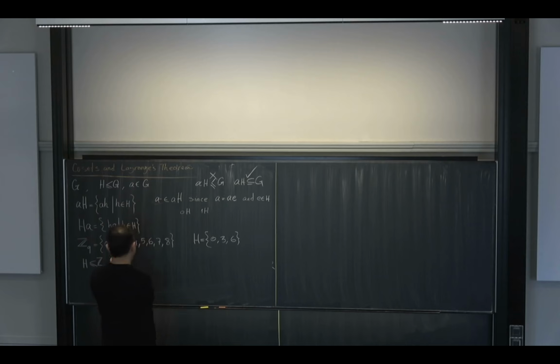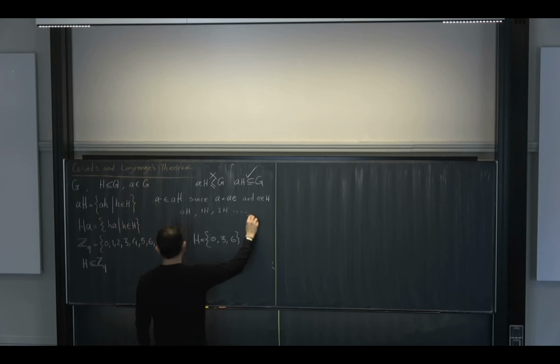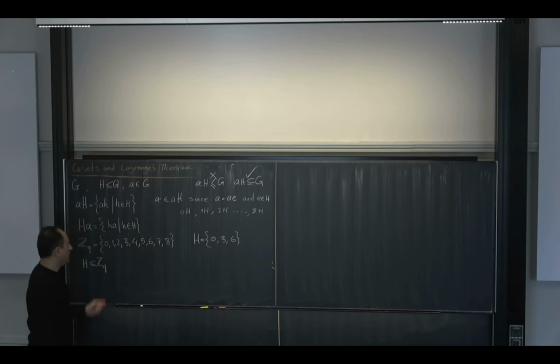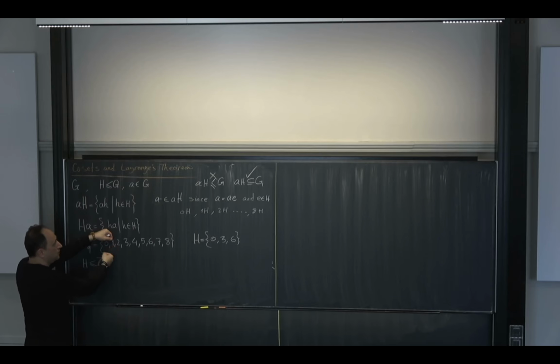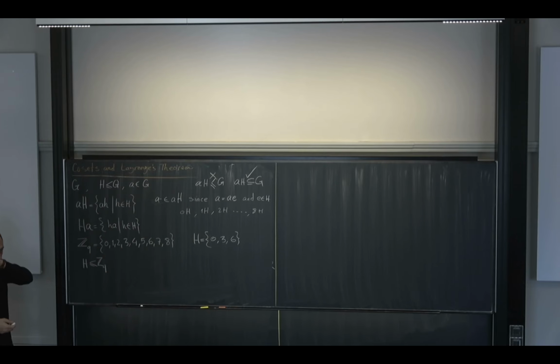I have to consider 2H. And I have to continue this list until 8H. Because I want to find all left cosets, I have to pick elements from here and find the coset for 0. Then I do it for 1, find the coset containing 1, etc. Yes? Do we have to do it for the identity?